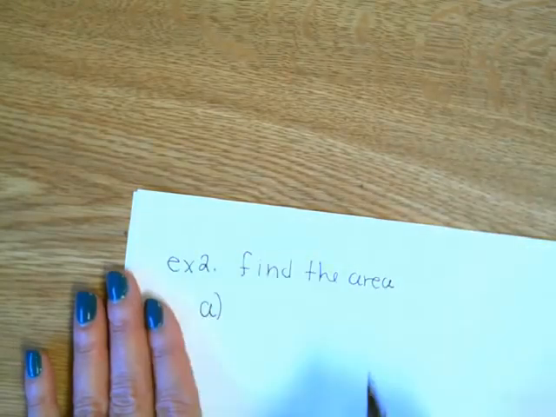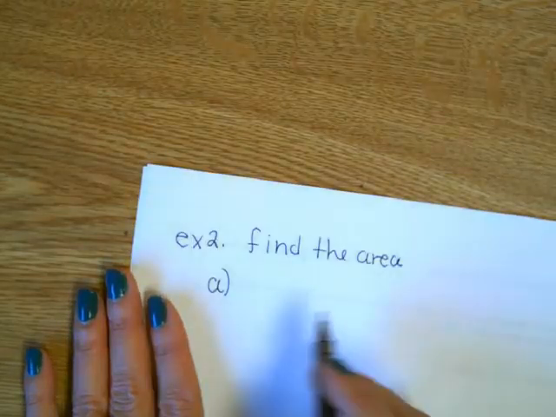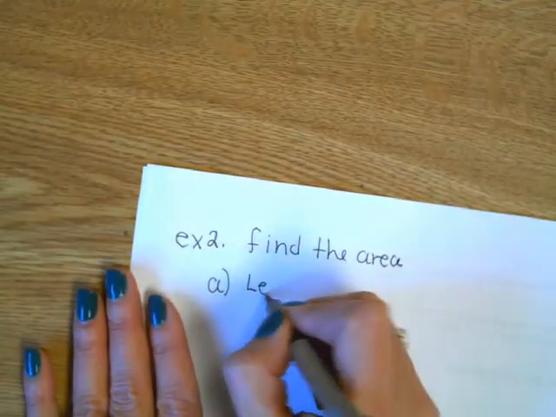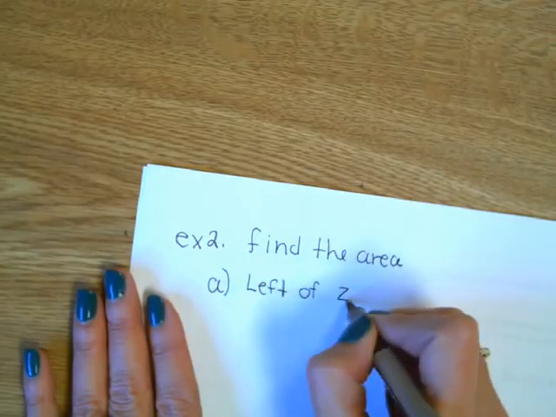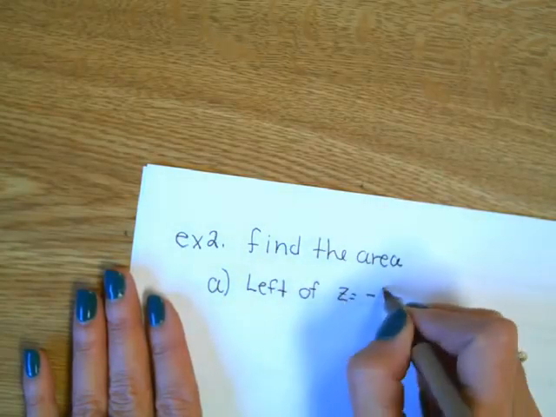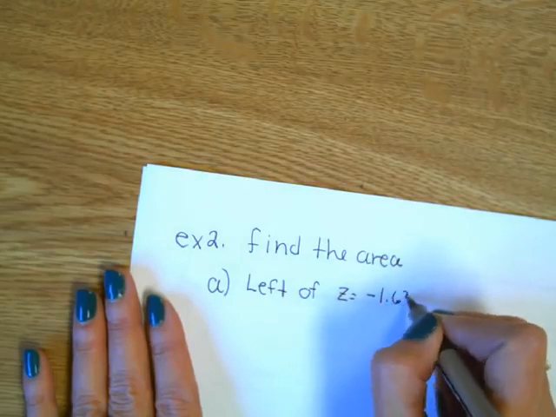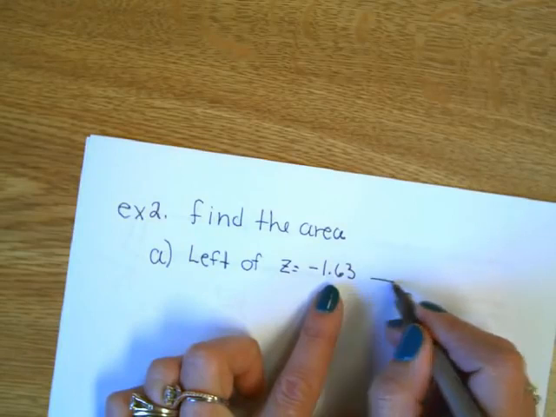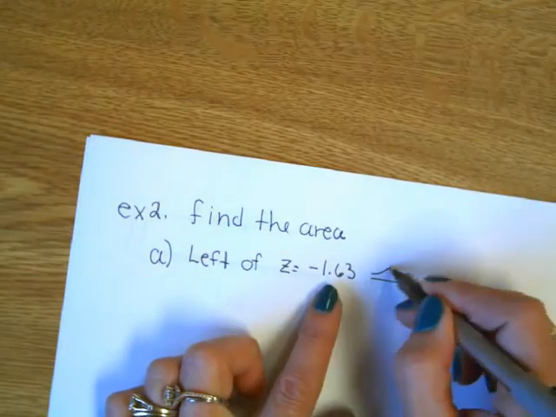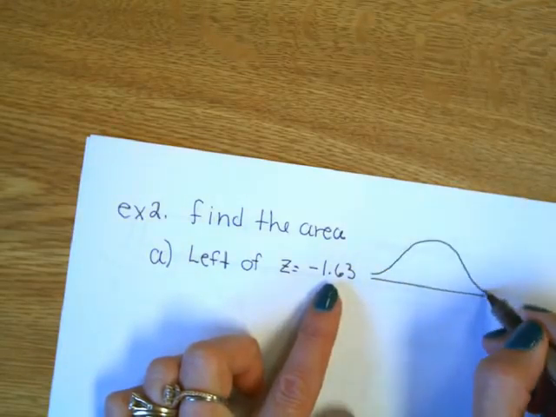And our first one, I want you to tell me how much area is to the left of z equals negative 1.63. I first want you to sketch this. So sketch a normal curve.